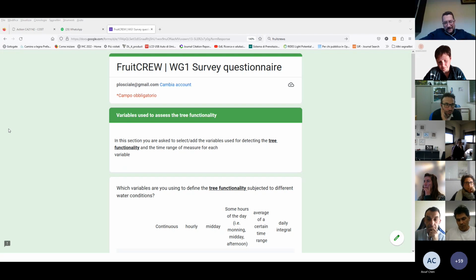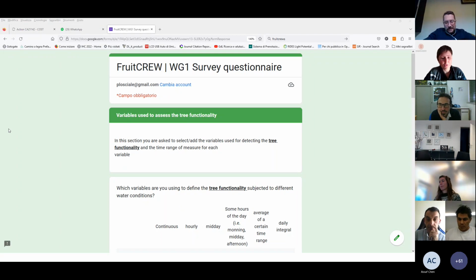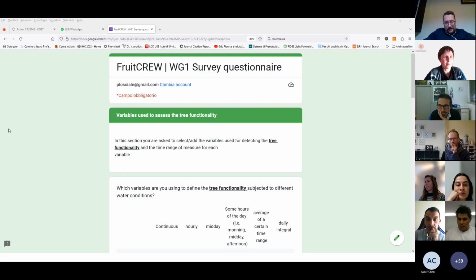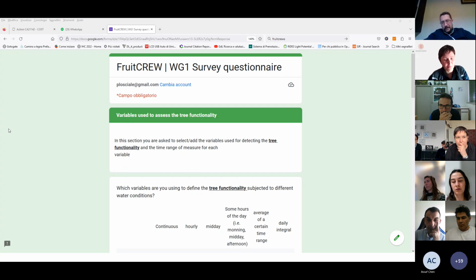I don't know if it is correct or not, but this is my view. I think it's just a matter of knowing what's available, and then the next step will be the real work, collecting the databases. For the next step, we'll focus on specific databases. We will, for sure, start from the species that we have in the objectives of the project.